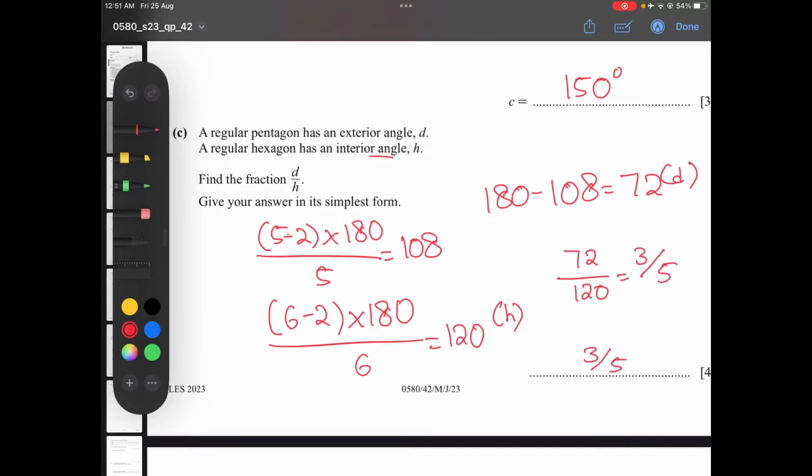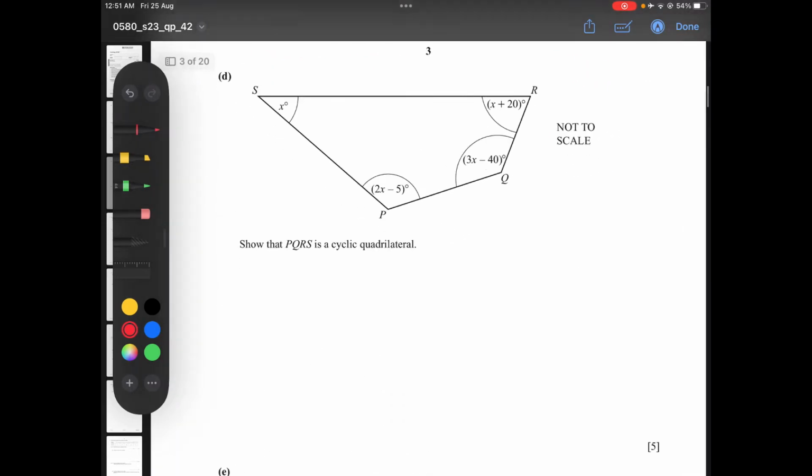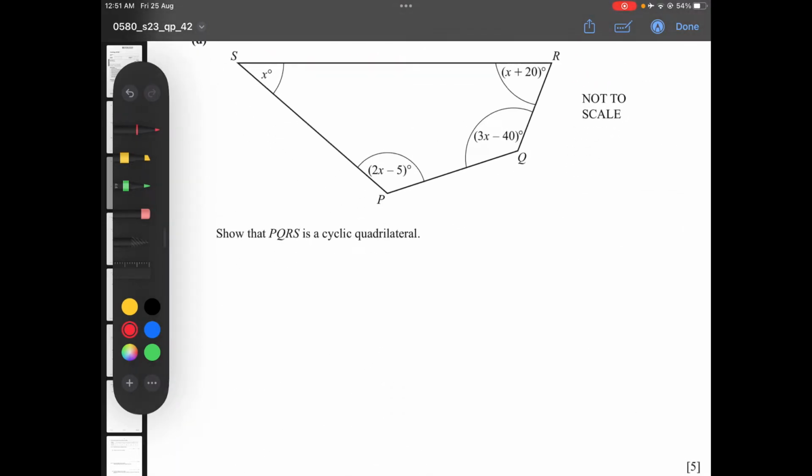Let's move on. Show that PQRS is a cyclic quadrilateral. Now a cyclic quadrilateral means that, first of all, it is a quadrilateral, so all the angles must add up to 360, and it's cyclic, so for the opposite angles, that means S and Q and P and R, the sum of these angles should be 180.